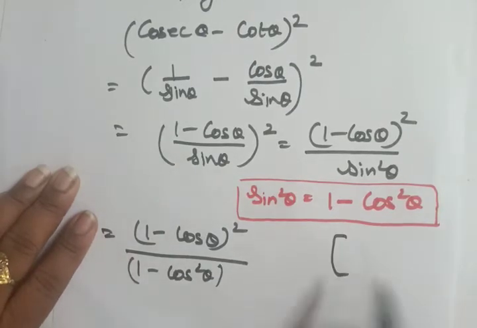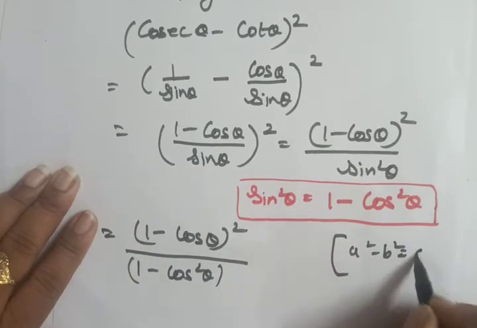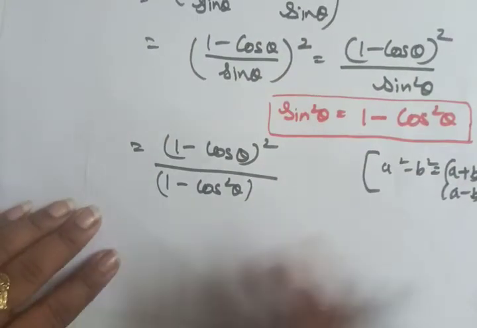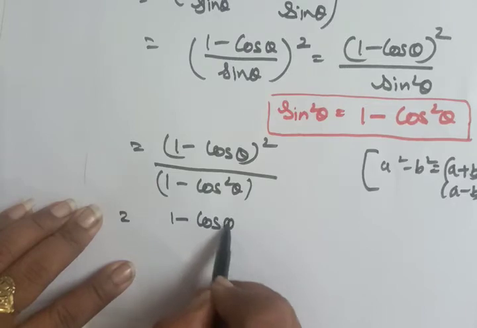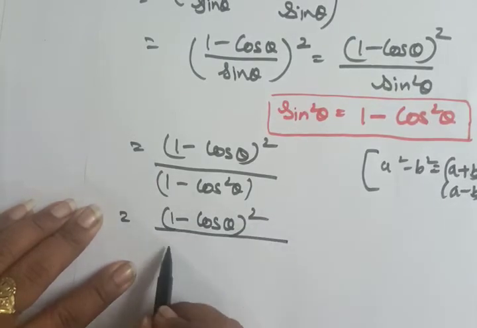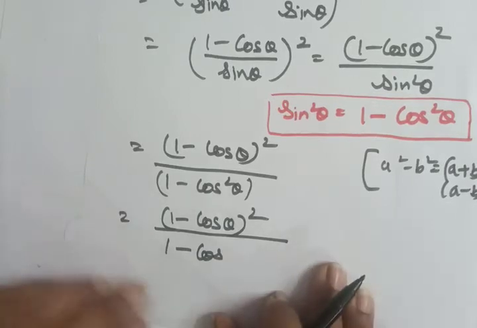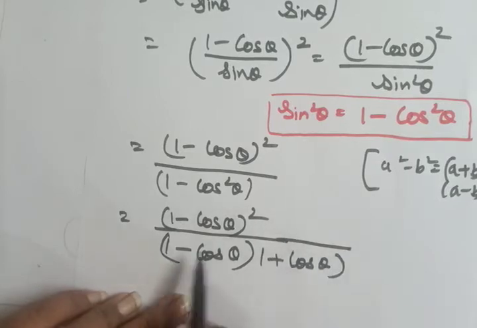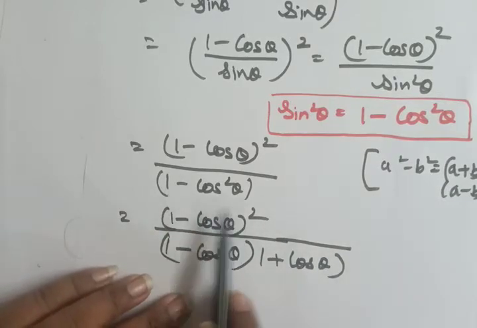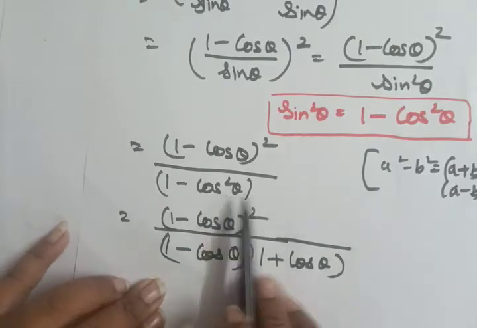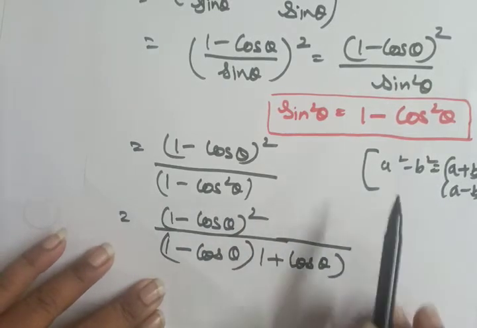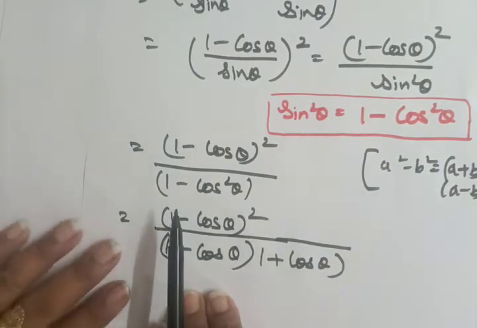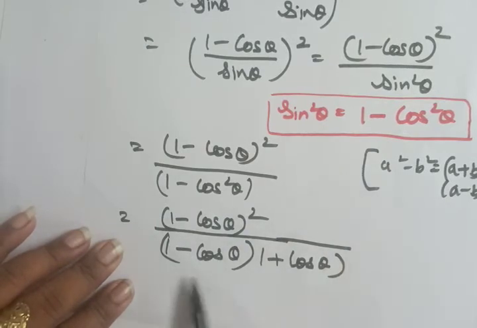As you remember, a square minus b square is equal to (a plus b) into (a minus b). So we can write (1 minus cos theta) whole square upon (1 minus cos theta)(1 plus cos theta). Here 1 represents a and cos theta represents b, so instead of a square minus b square we write 1 square minus cos square theta.